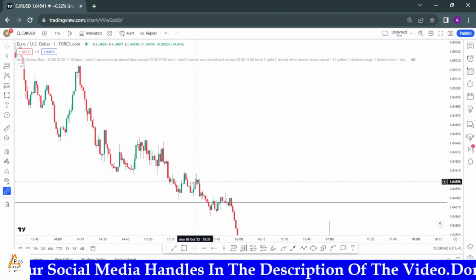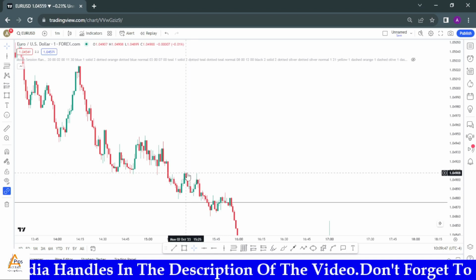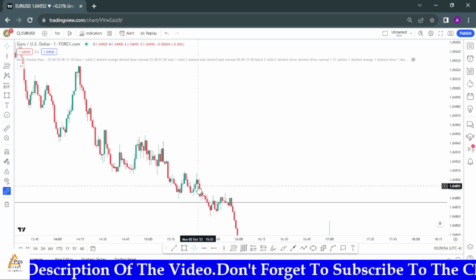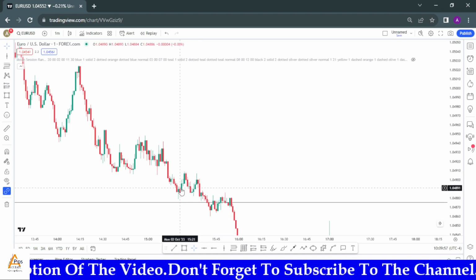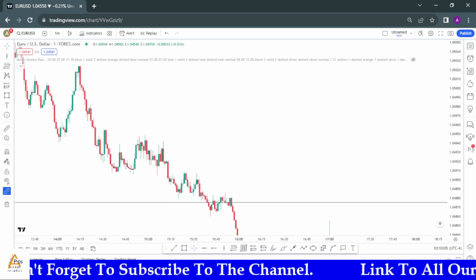So here, the reason why I didn't go for this guy is I didn't see price properly sweeping this double top. So I didn't go there because I feel price could come and sweep here. Despite there was some imbalance here, I was not satisfied with what I was seeing. So I went for this entire area here.